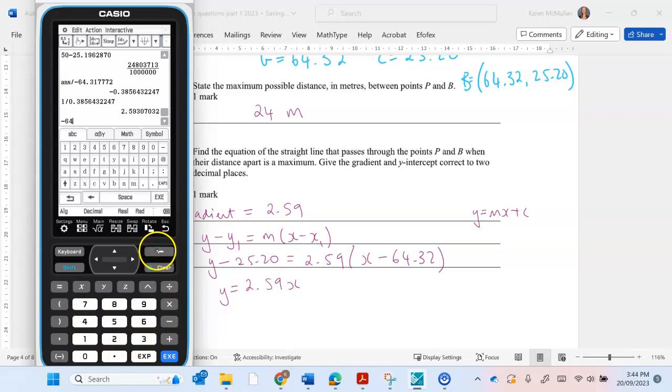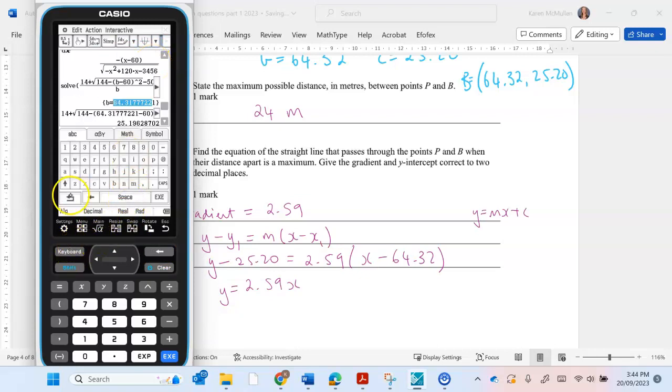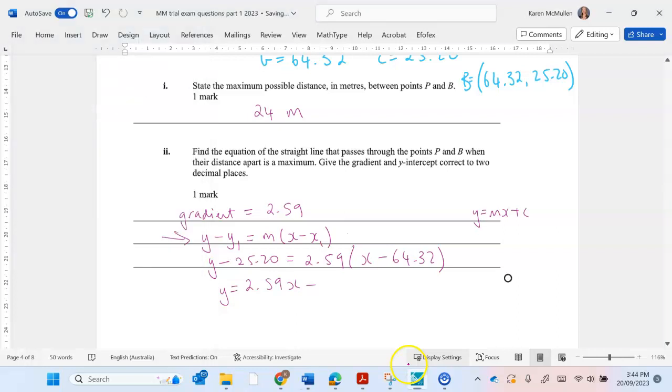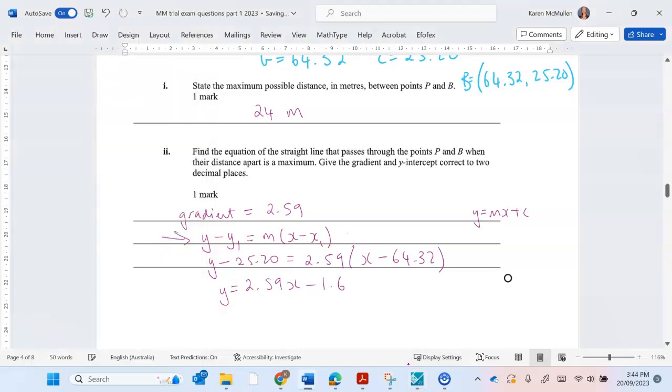Now I actually want to have the whole number, so I'm going to drag it. Paste, times this number, so minus 166.78.